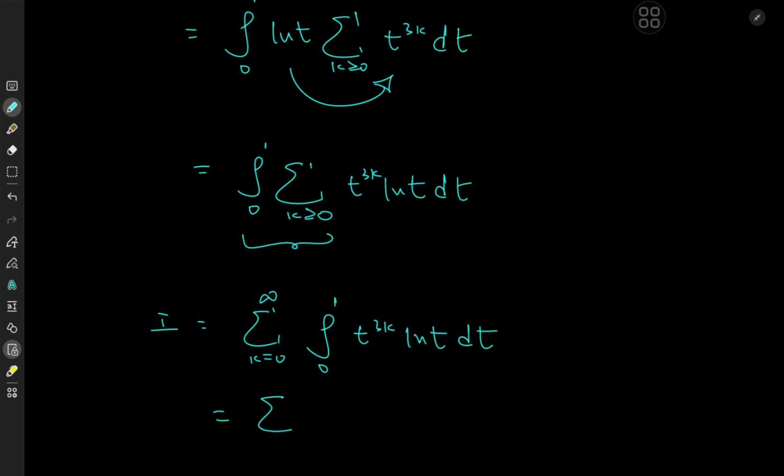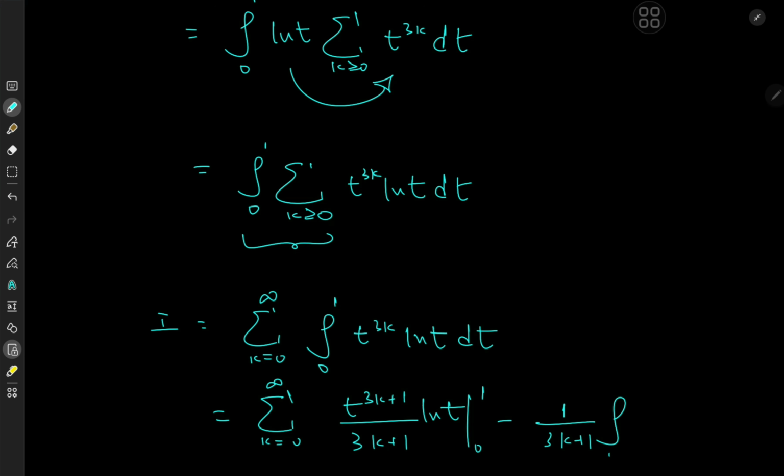So we have, on integration by parts, the sum over k from 0 to infinity. I'll integrate the t to the 3k term to get t to the 3k plus 1, and that exponent is also the denominator, multiplying that by log t, and the limits are 0 and 1, minus 1 over 3k plus 1 times the integral from 0 to 1 of t to the 3k plus 1, and the derivative of log t is, of course, 1 over t dt.